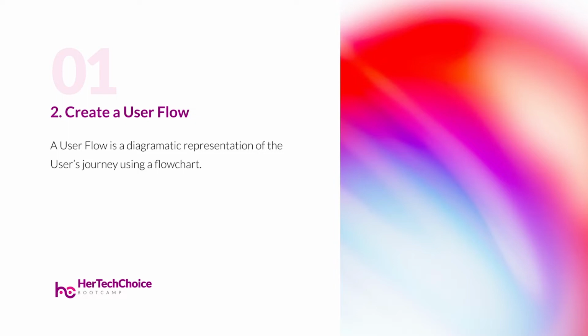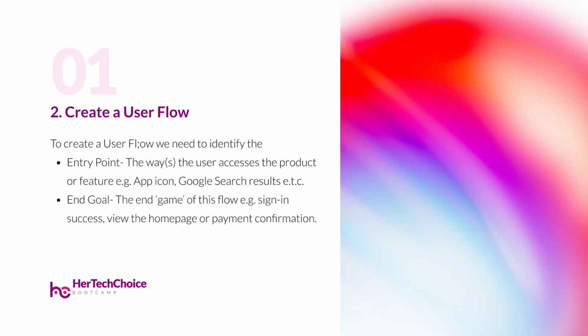So a user flow is a diagrammatic representation of the user journey using a flowchart. To create a user flow, we need to identify the entry point, that is the ways the user accesses the product or features, and the end goal, which is the end game of the flow. For example, sign in success, view of the home page, or payment confirmation.